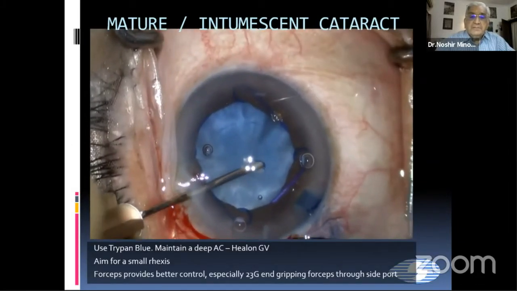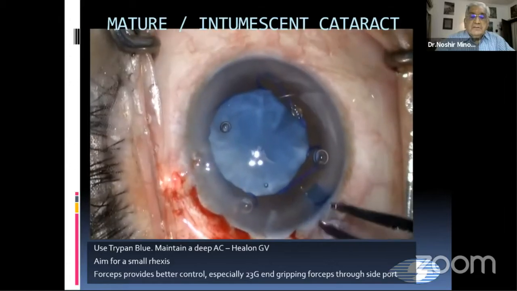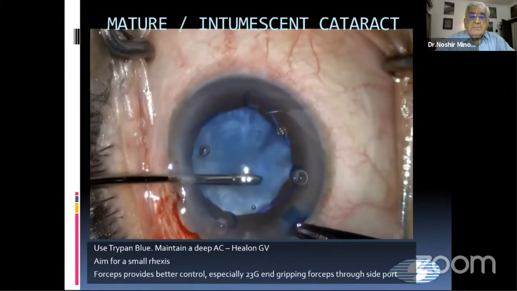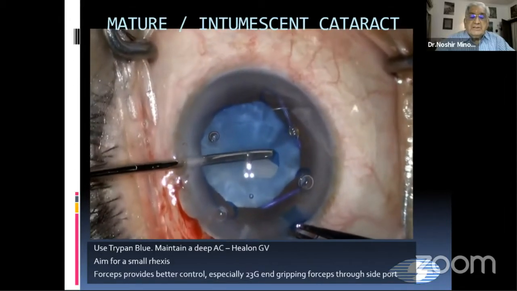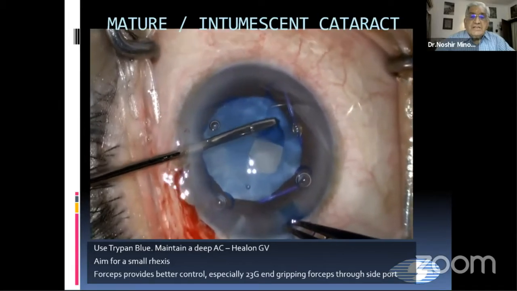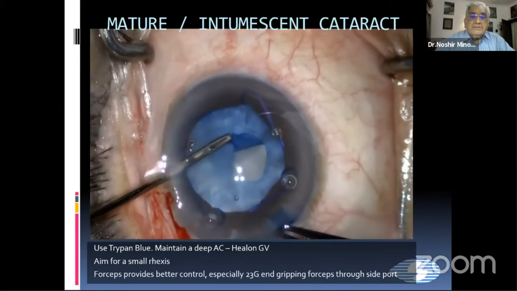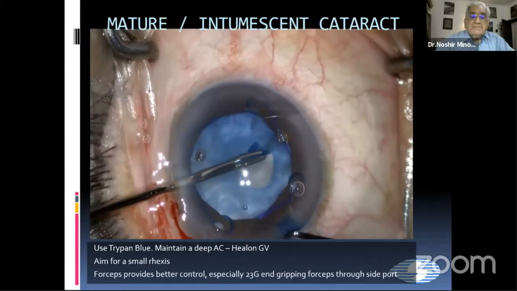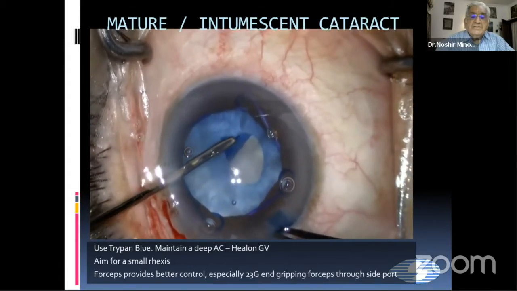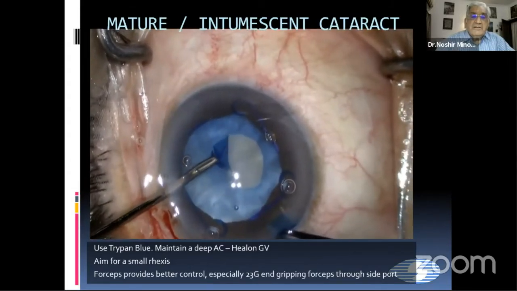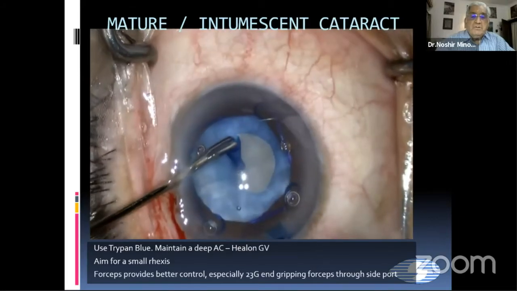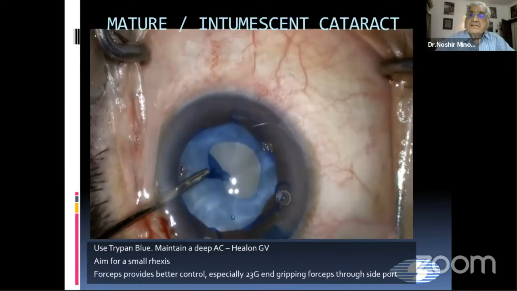Again, this is the trypan blue. The capsule has been stained with trypan blue, and the 23 gauge forceps is an extremely good tool to use whenever there's a Morgagnian cataract, and to maintain a deep chamber without losing viscoelastic.